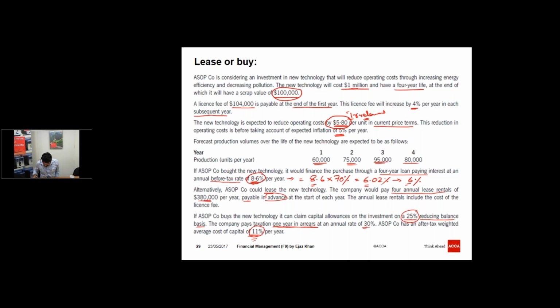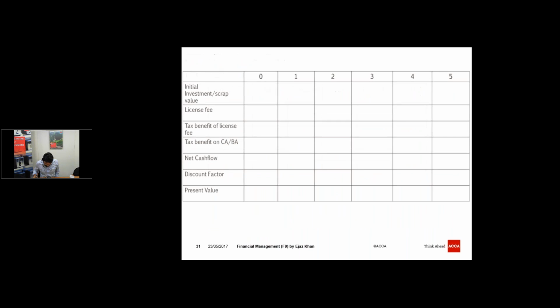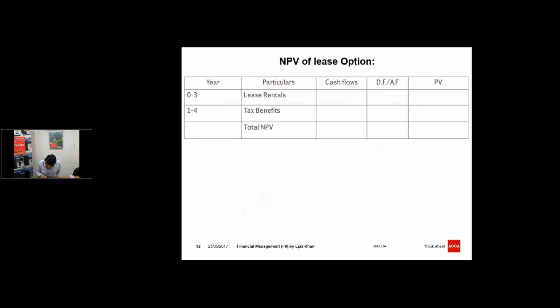It's 3,80,000, right? And it was starting from year 0, remember? So we have to pay 3,80,000 every year, negative, and it will start in advance, meaning it will start from year 0 and end at year 3. 0, 1, 2, 3, and you remember it's an advance annuity.